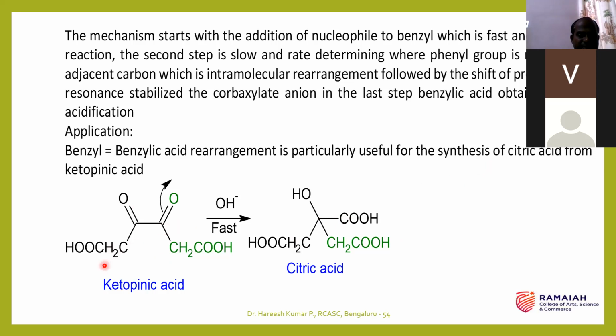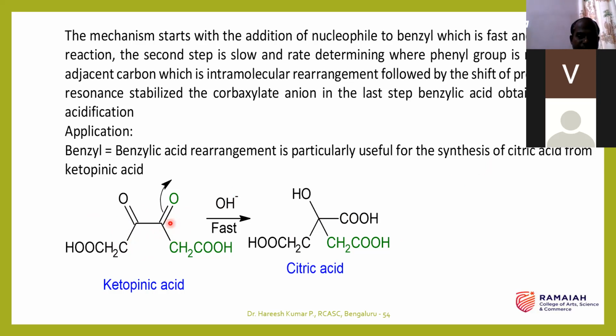It starts with ketopinic acid. Ketopinic acid is this one. Generally we can call it an alpha diketone. When this alpha diketone is treated with a base, which may be sodium hydroxide or potassium hydroxide, again this anion will attack here.